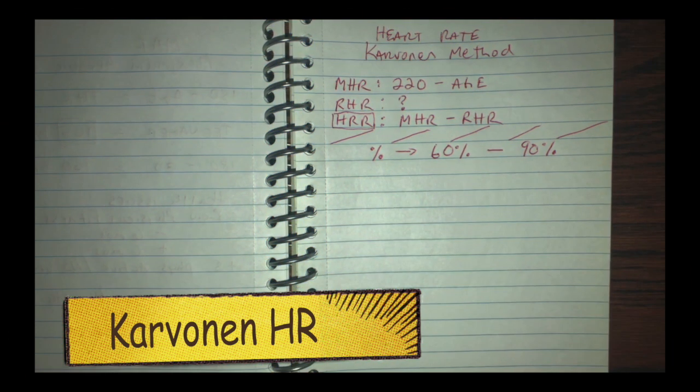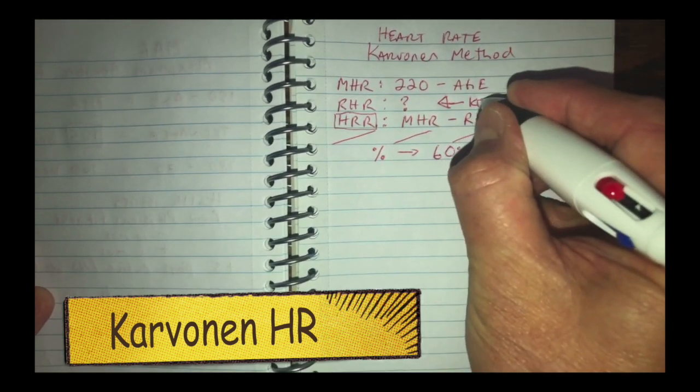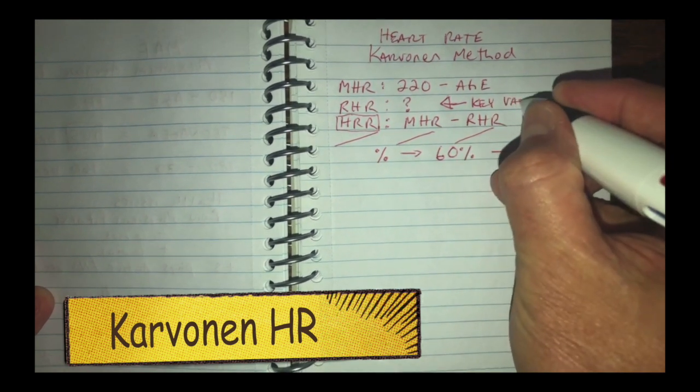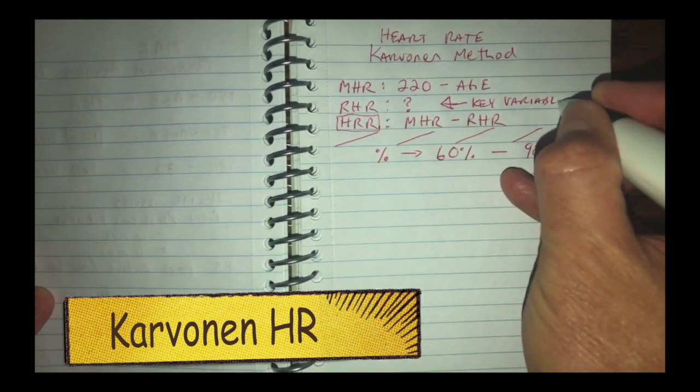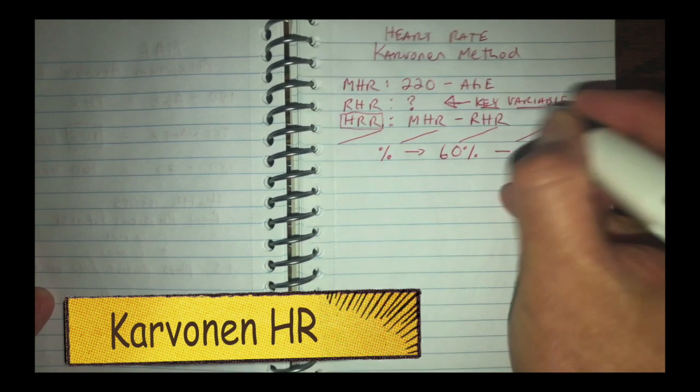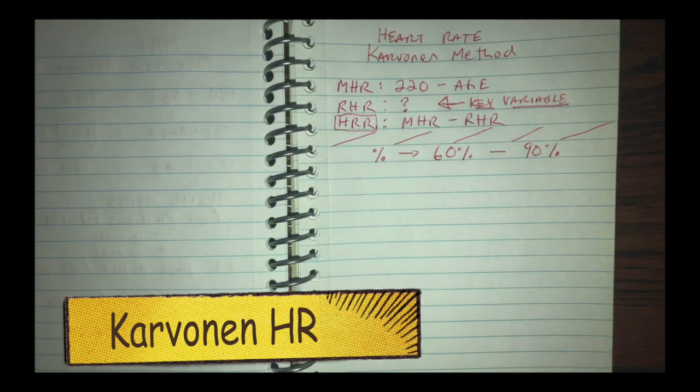You can work 60% to 85%, or you can even do numbers like 70 to 80% or 75 to 80% to really narrow down where you want to be as far as your heart rate. But a key variable to this is your resting heart rate. So you need to make sure you figure that out before you try to do this. So back to our formula.